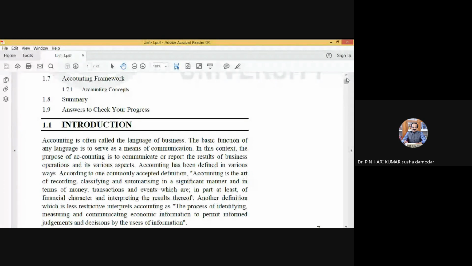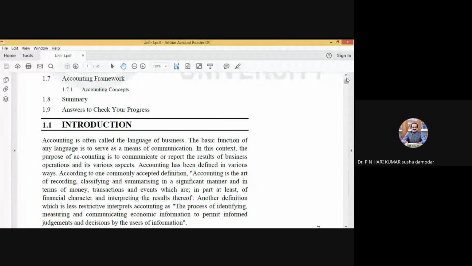Such business transactions may involve cash payments or cash receipts, maybe cash transactions or non-cash transactions. Such transactions shall be recorded properly. Then such recorded transactions are to be classified, then summarized.